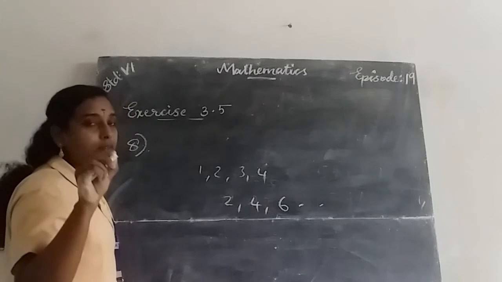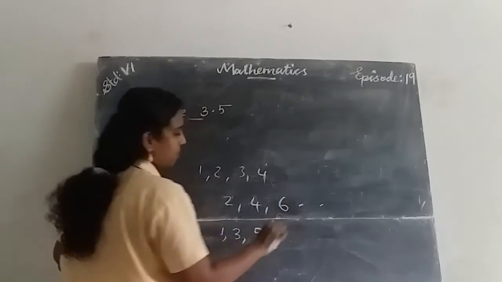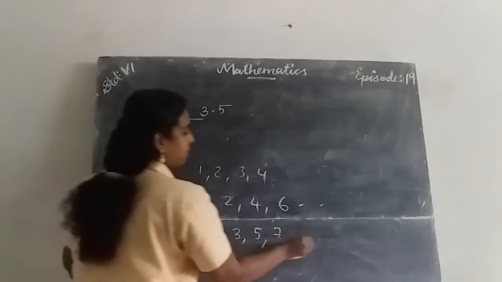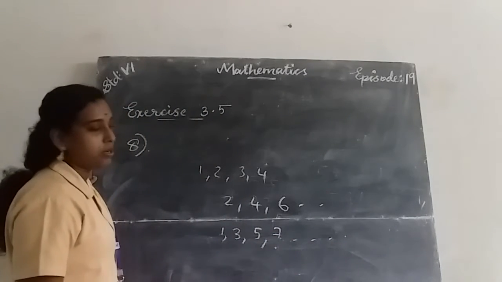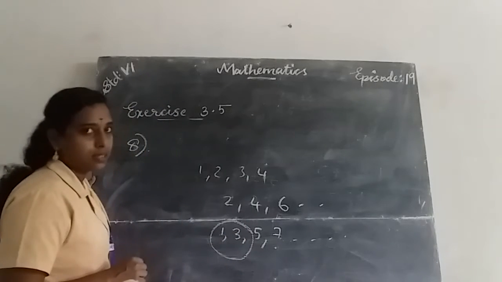And consecutive odd numbers means 1, 3, 5, 7, etc. So the first 2 consecutive odd numbers are 1 and 3.